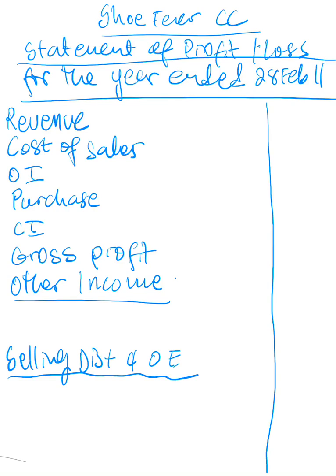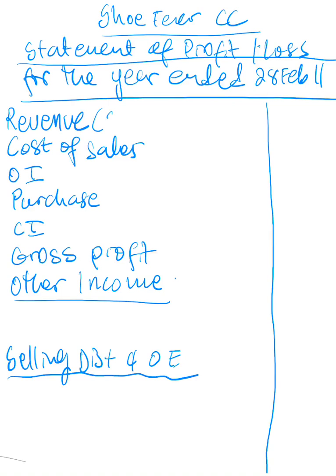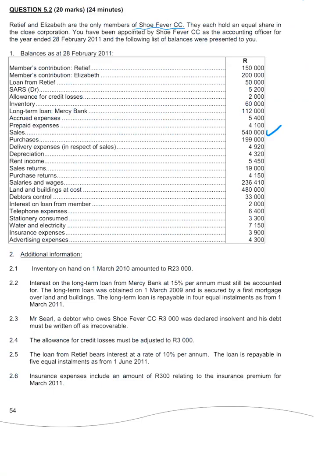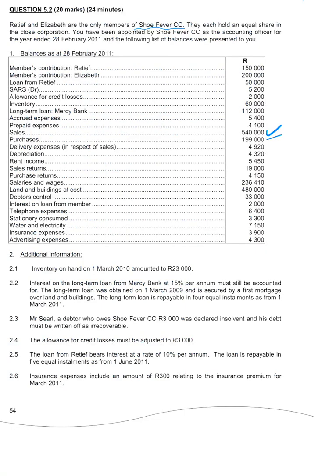Right, let's look at our question and see the things that are there. So we have got sales there of 540,000. Open my brackets, I put my 540. Right, next is my purchases, 199. So purchases, open my brackets, 199. Right, then we have got delivery expenses.